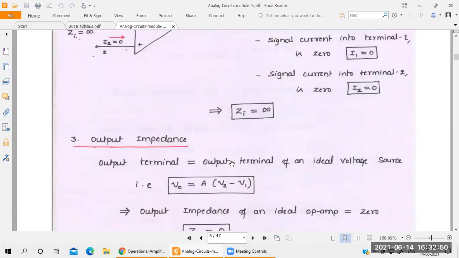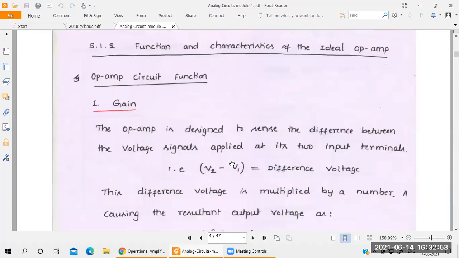First you will go one by one. You take the first one, gain. I am going to find out the gain here. In an op-amp you always have to take the difference of the signals. V1 is not equal to V2 means you will get an output voltage, and from that you have to find out the gain. When V1 is equal to V2, there is no output. So always take the difference between the V1 voltage and the V2 voltage. V2 has a positive sign and V1 has a negative sign.